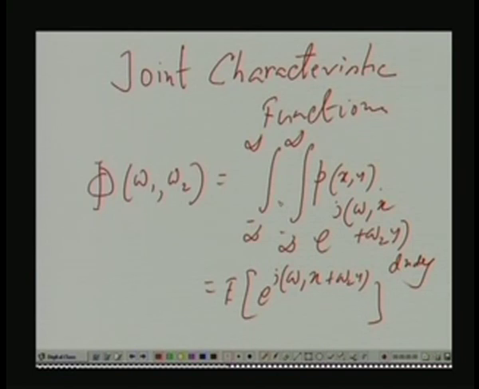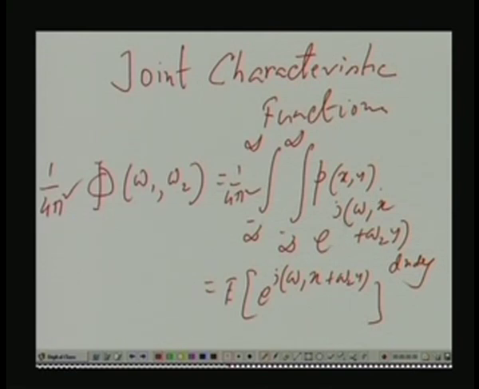If you multiply both sides by 1 by 4 pi square, then this is nothing but the inverse Fourier transform of p(x,y) at omega 1, omega 2. See, there is a plus sign here, no minus sign. We recall in the one variable case, the inverse relation was 1 by 2 pi integral of some function of x times e to the power plus j omega x dx. Here we just have two variables x, y.